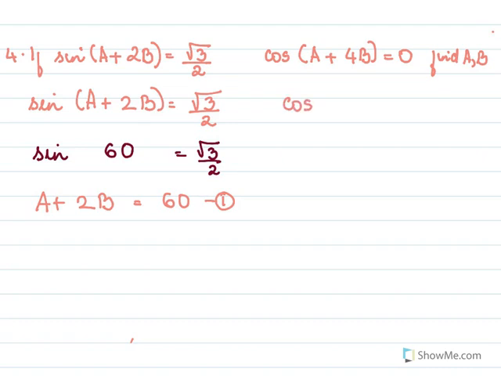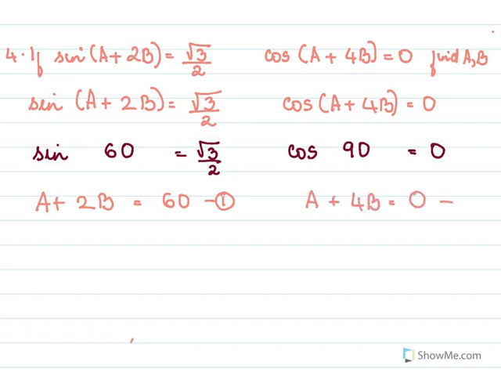Similarly here, it's given to us cos of a plus 4b equal to 0. We go up to the table and find out cos of which angle is 0. Cos of 90 equal to 0. And now when we compare, we'll get a plus 4b equal to 0.